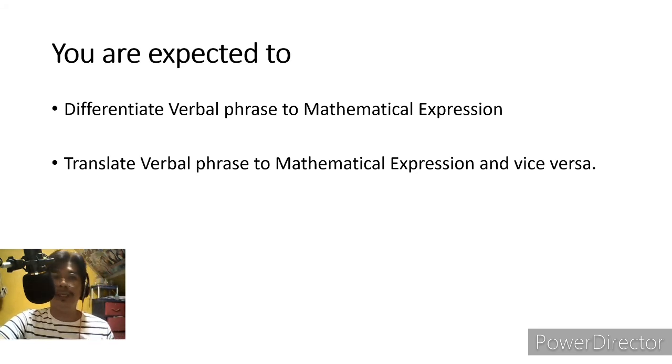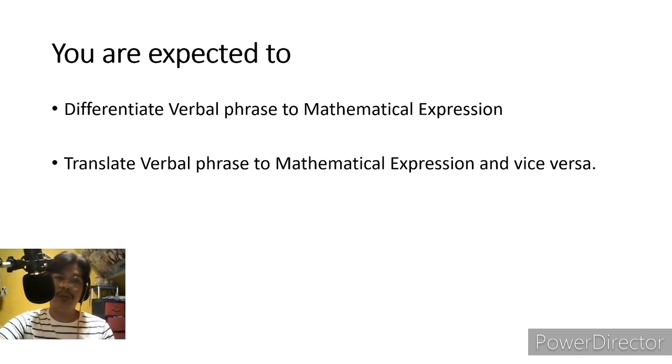Of course, it is very clear that we need to understand the different words associated to the different operations in mathematics. Like for example, when we say addition, the different words associated to this are plus, total, added, more than, increase, and sum. And if we have subtraction, the words associated to this are diminish, subtracted, minus, less.